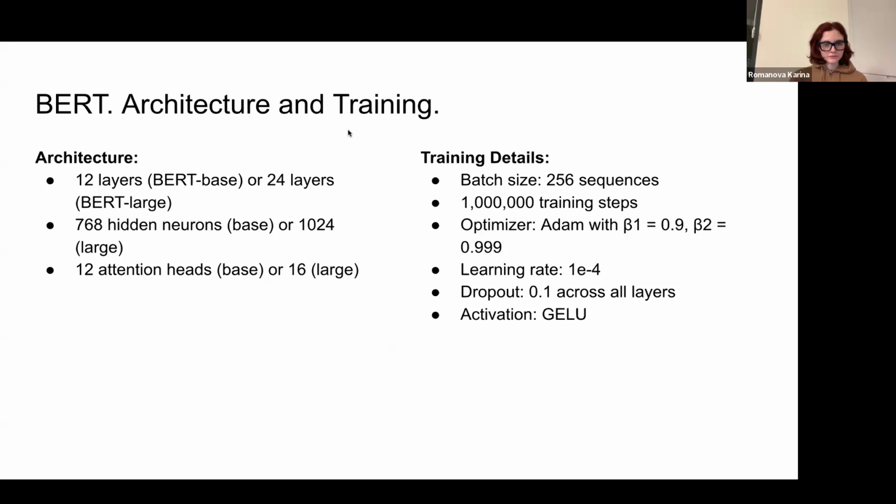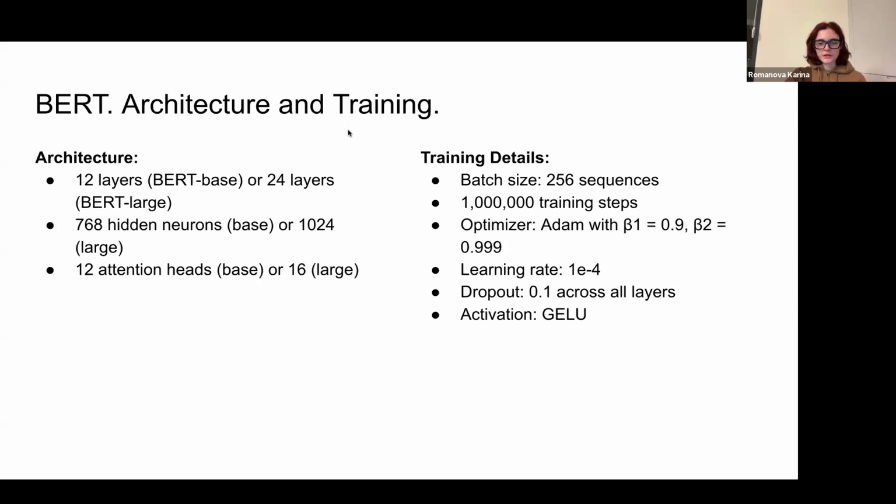And let's discuss the architectural details of BERT. BERT comes in two main versions. BERT base with 12 layers, and BERT large with 24 layers. Each layer has 12 or 16 attention heads, and the model uses GELU as its activation function to capture nonlinear relations.